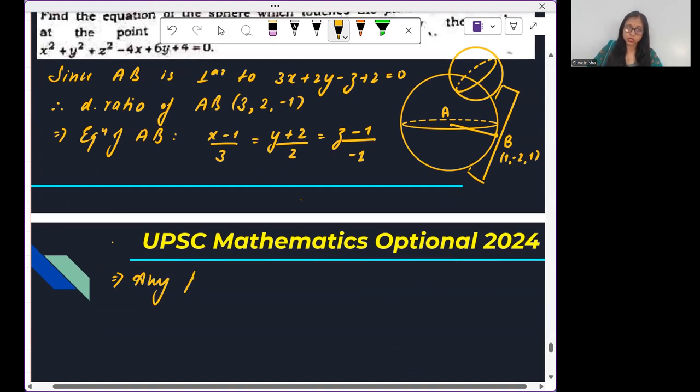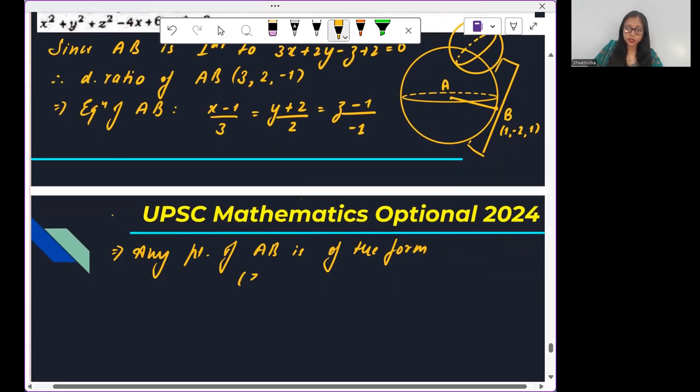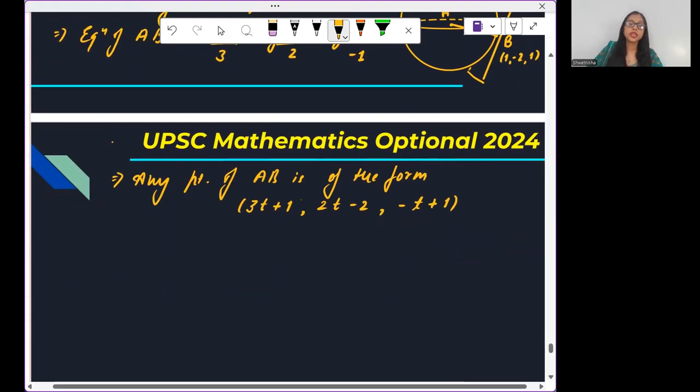any point on AB is of the form 3t plus 1, 2t minus 2 and minus t plus 1, right? Also note that A is the center of the sphere.